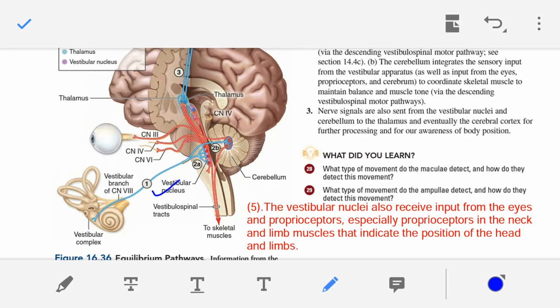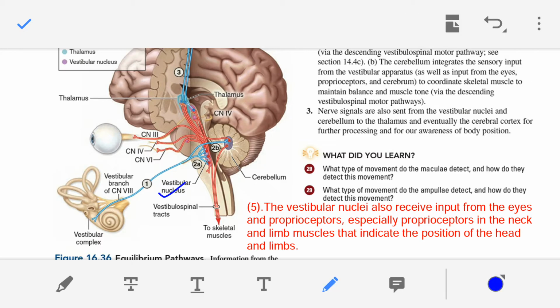The vestibular nucleus also receives input from the proprioceptors, especially the proprioceptors present in the neck region and limb muscles. So in our hand and our leg the receptors are present, and from these receptors the nerve impulses or signals reach the vestibular nuclei.